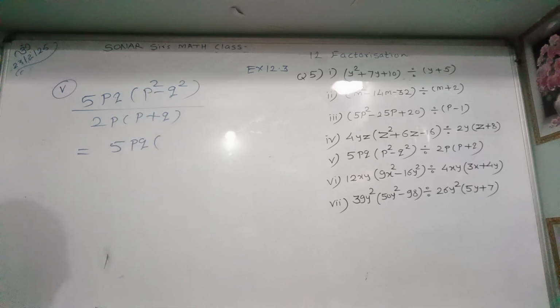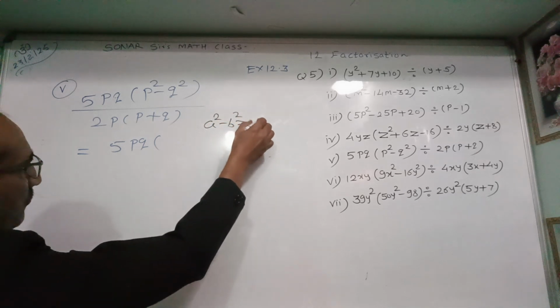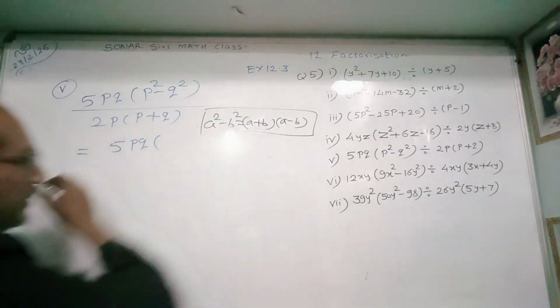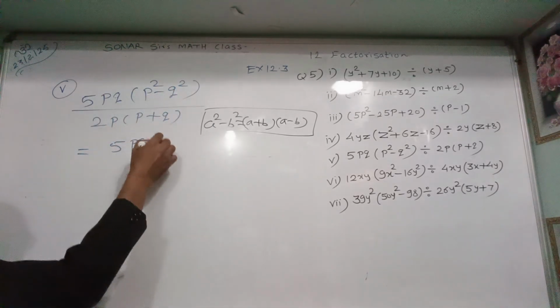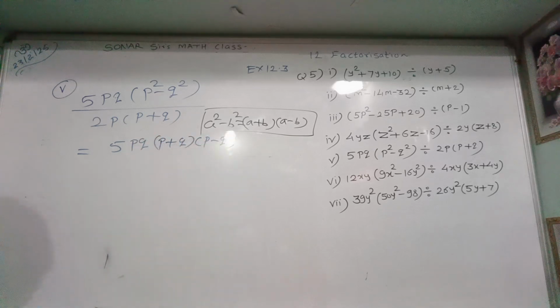Whenever there is a square minus b square, we split it up as a plus b in one bracket, a minus b in another bracket. Here in place of a and b there are p and q. So p plus q and p minus q.